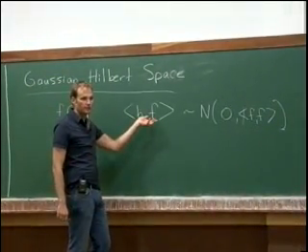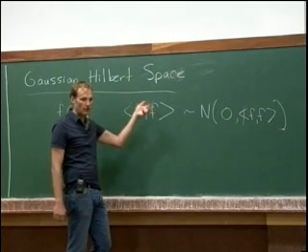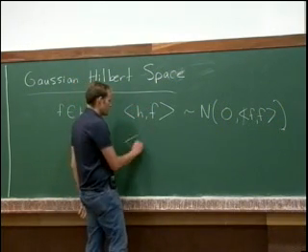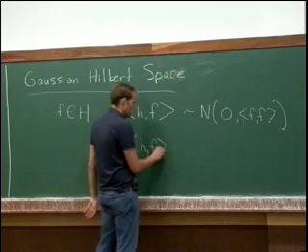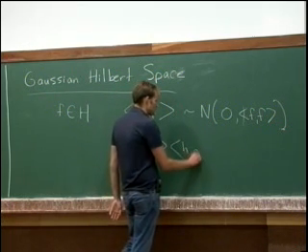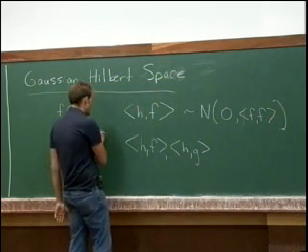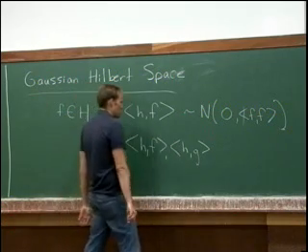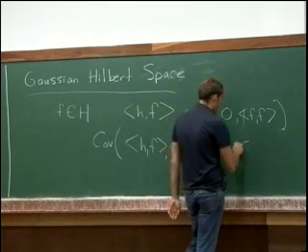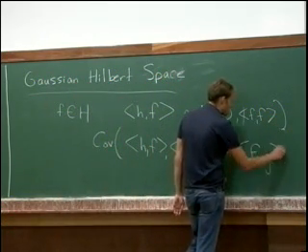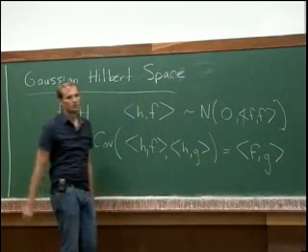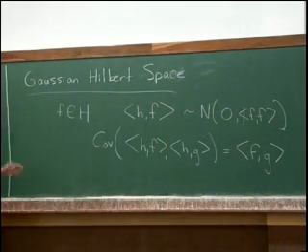You really need the covariance structure to fully understand a big collection of Gaussians, right? So if you have two elements, h sub f and h sub g, then their covariance, just by definition, is given by the inner product of those two things. That's just by definition.